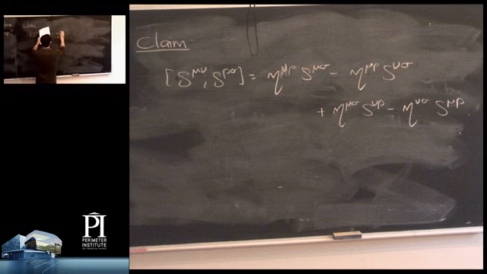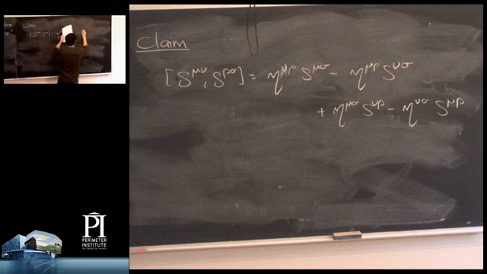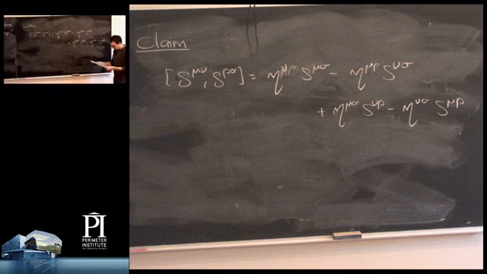That if you commute 2 of the S's, they obey the following commutation relation. And something's wrong. There's a sign missing here. Thanks. Thanks for the puzzled look.